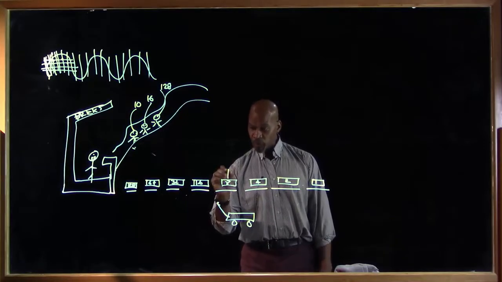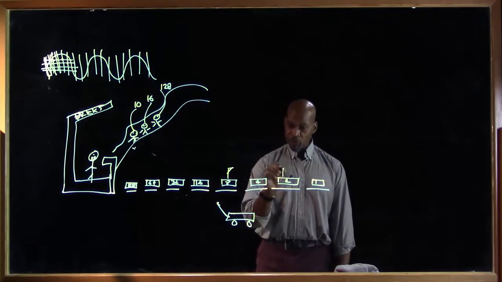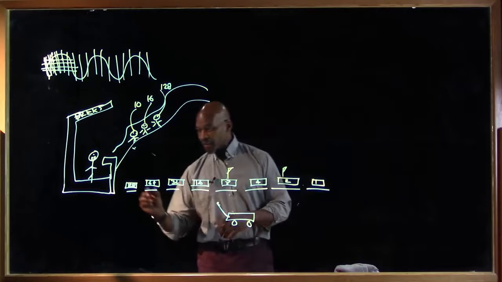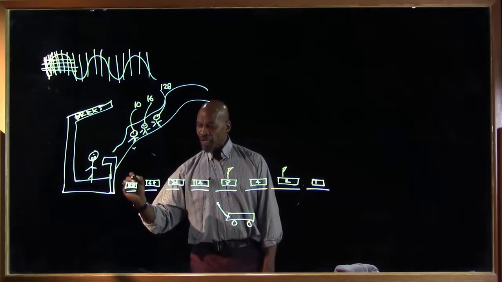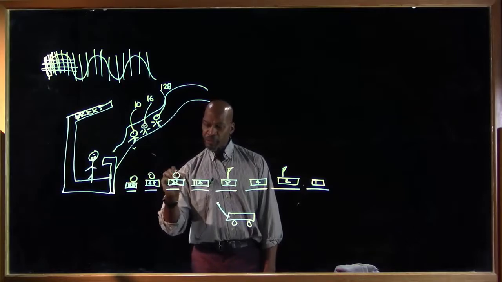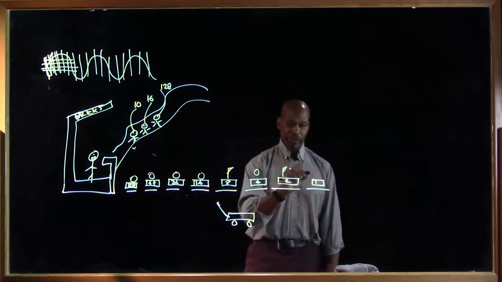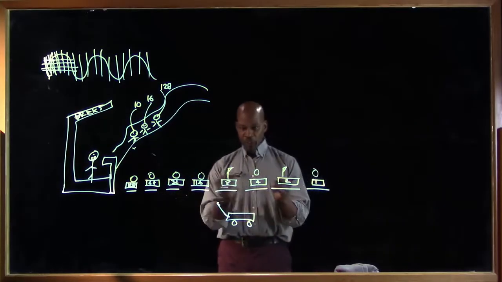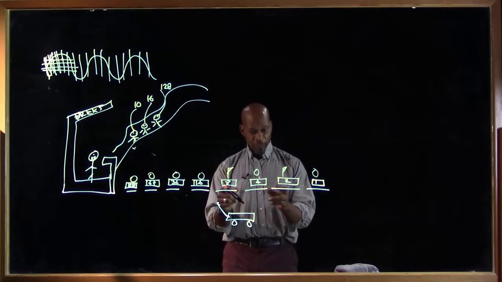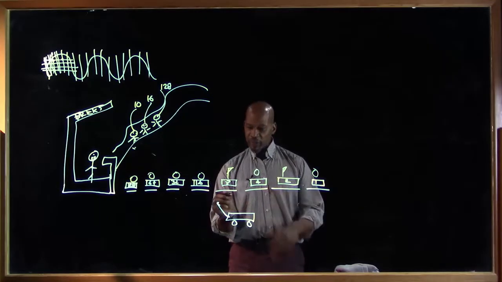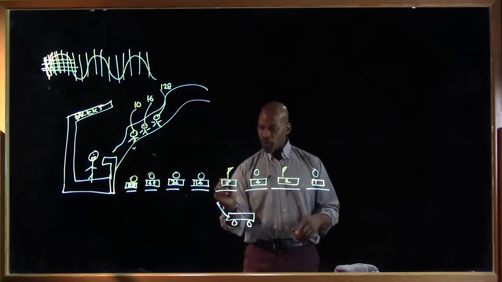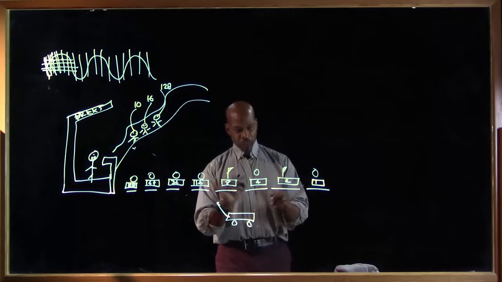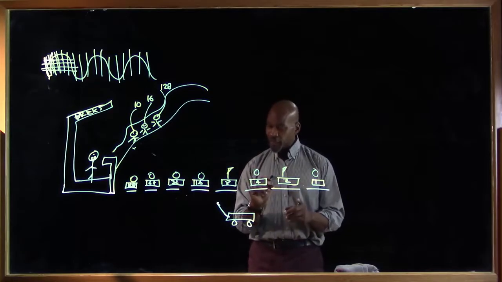So I would want you to put a flag here. And I want you to put a flag here. At the same time, I want you to understand you have no bricks here, no bricks here, no bricks here, no bricks here, no bricks here, no bricks here. And so when you look at it, I only have 2 pallets that we need to pull. And so if I pull this one and this one, I'm going to get your 10.